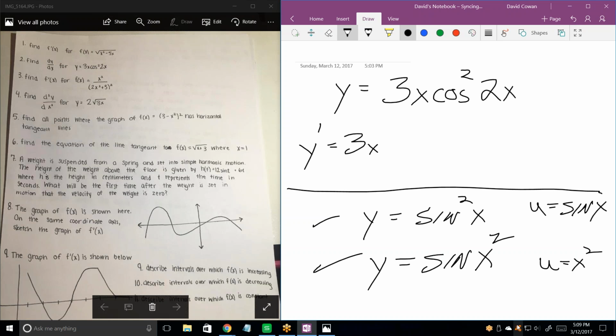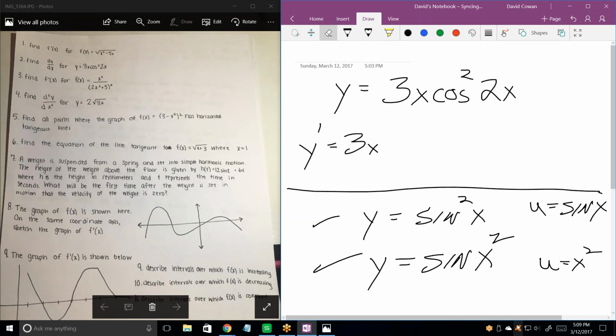Now, what's the inside of that? There's actually a couple of them, but let's start with the main inside. This is going to require a double application of the chain rule, because I have that as an inside, but originally cosine of 2x is another inside.